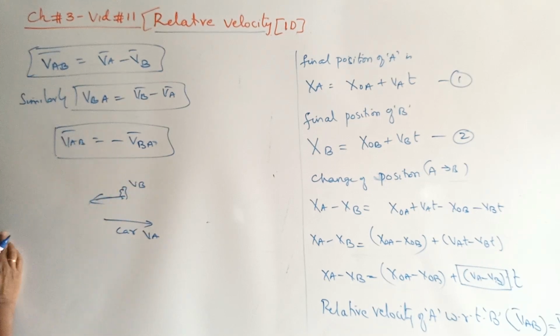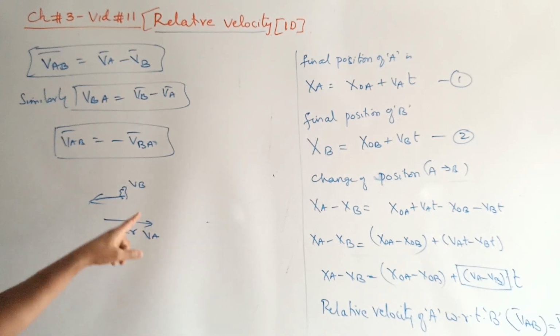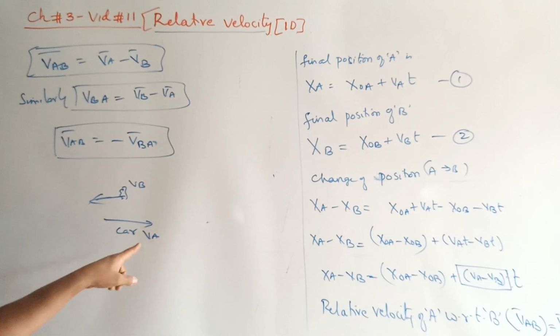Both are same in magnitude and travel in opposite directions if the other person is at rest. Let us suppose you are in a train and your friend is on the platform. Your friend is at rest on the platform and you are moving with some speed VA. Now with respect to your friend, you will have the same velocity as the velocity given by the train.